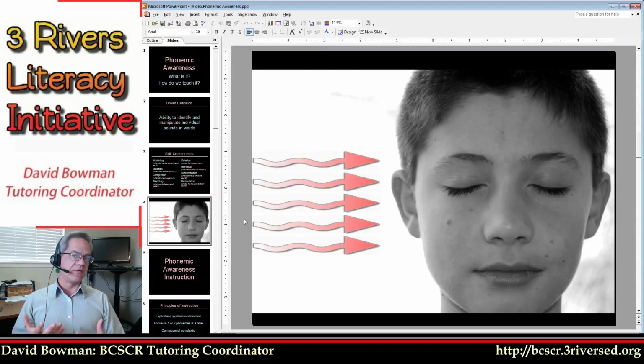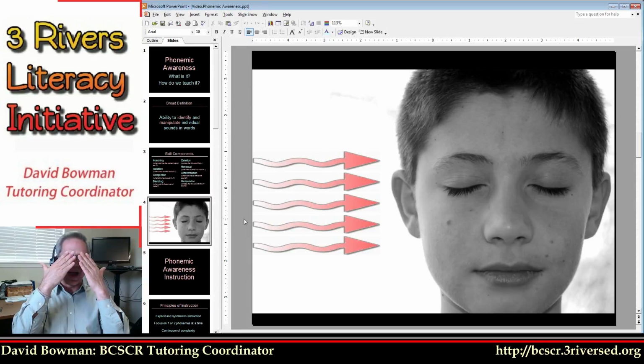When we're talking about phonemic awareness, we're really talking about sound. We're not talking about turning written text into sound or sound into written text. That's more the realm of phonics. Think about it this way. This is something I hear people say pretty often, and I think it makes a lot of sense.